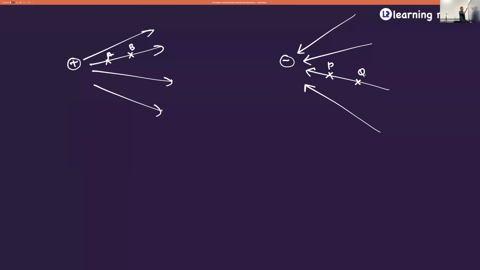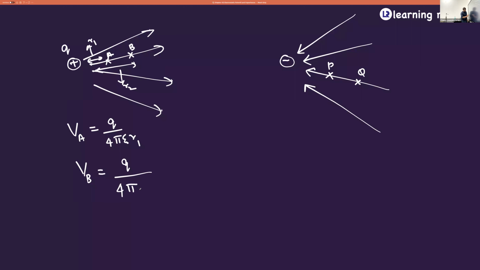So if I calculate VA, let's say the magnitude here is Q. So what is going to be the value of VA? It will be Q divided by 4 pi epsilon naught R1. Suppose I take this to be R1, and if I take this to be R2. What is the value of VB? Q divided by 4 pi epsilon naught R2. Have this in your mind.